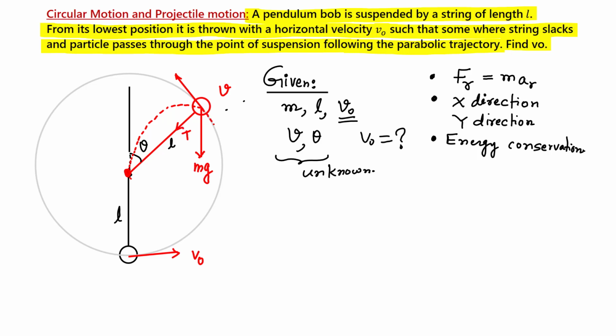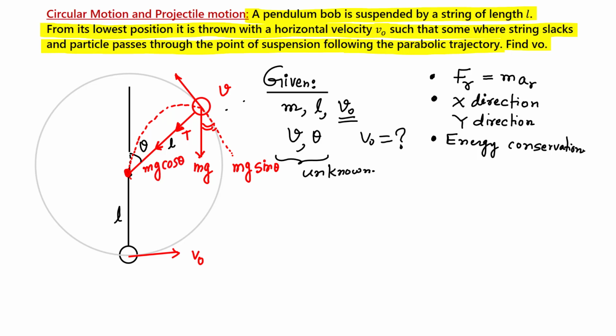For the component of mg, this angle is theta, so this other angle will be 90 minus theta. So mg cos(90 minus theta) will be mg sin theta. And in the radial direction you will have mg cos theta.